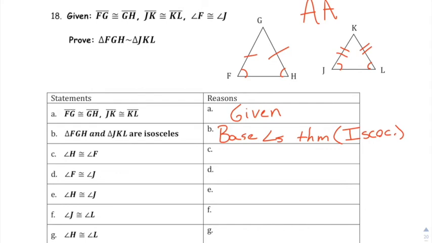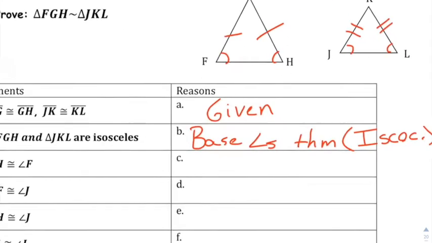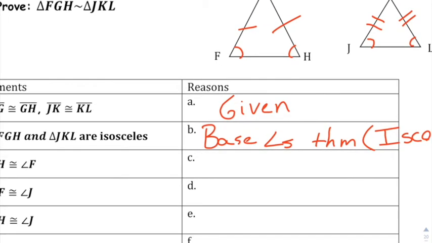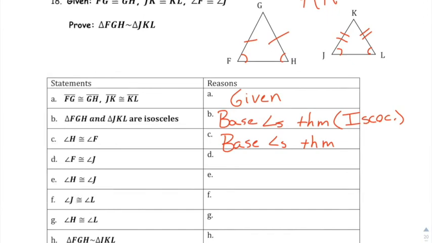Okay, we also were told H is congruent to F, so that's the base angles theorem, actually. Oh, you know what, now that I think about this, I think I'm jumping the gun on the base angles theorem, so I'm sorry, scratch that.